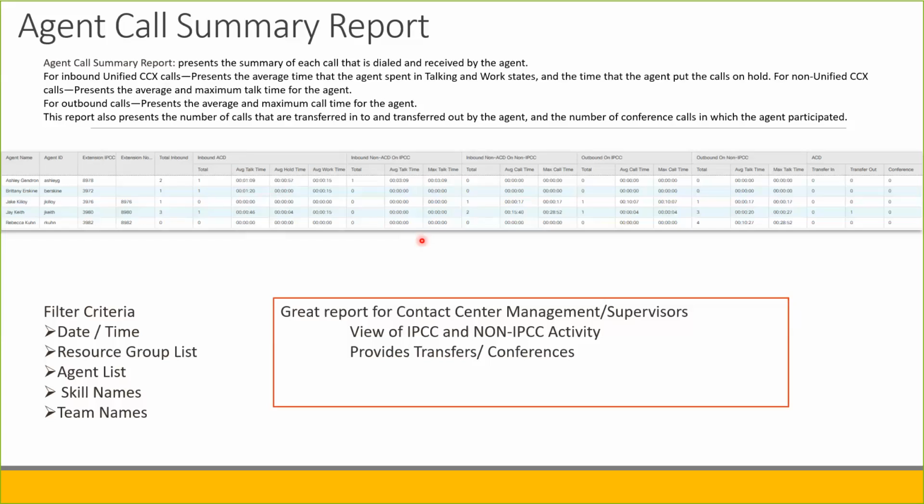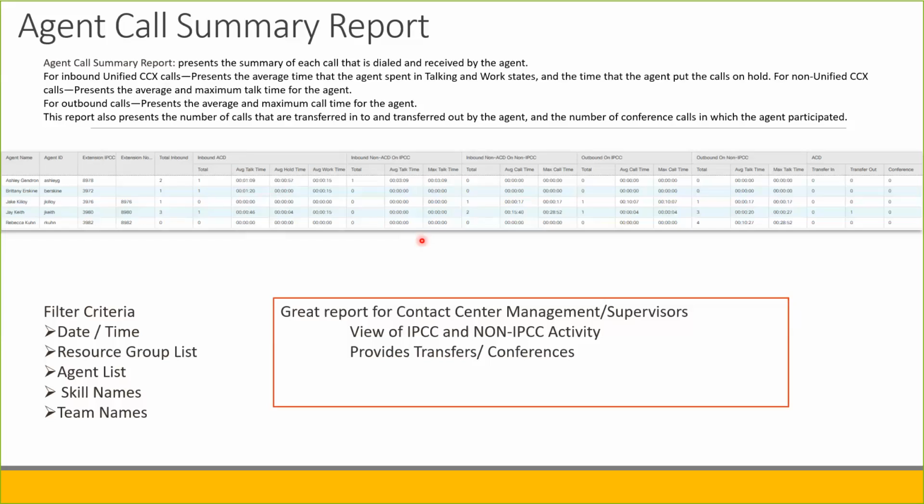That is their agent extension, versus the non-IPCC, which is defined as the last active non-UCCX extension that Unified Communications Manager assigned to the agent. So that example would be, if I am an agent sitting here and I have two extensions listed on my phone, my top one is my UCCX agent extension. That's IPCC. That's what I log into Cisco Finesse with.